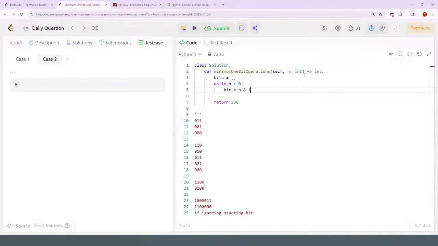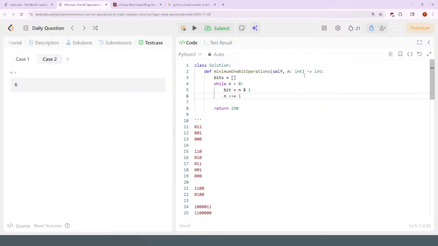And then they actually did n shift 1 over to the right with shift, yeah, and then bits append. I guess I could just do bits append n and 1.